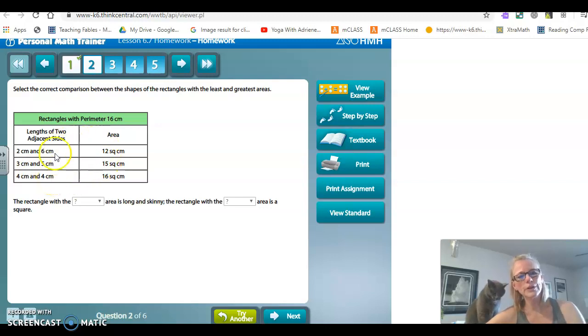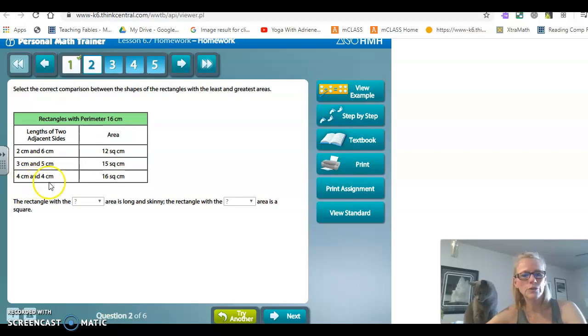Now, if you're looking through this, it says lengths of 2 adjacent sides. Adjacent means here's one side, adjacent is the other side. So we're going to get this length and this length. So this is 2 centimeters and 6 centimeters, 3 centimeters and 5 centimeters, 4 centimeters and 4 centimeters.